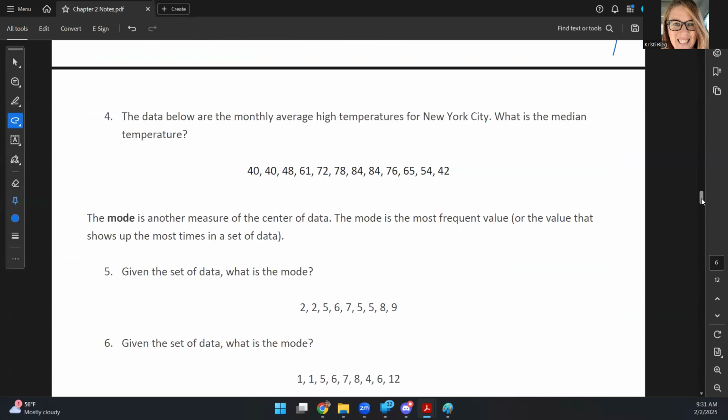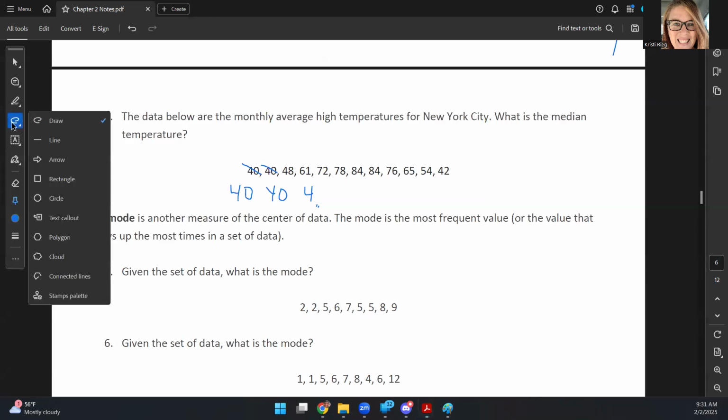So I'm going to write it in number order, and that becomes 40, 40. It appears twice, so I write it twice. 42. I'm not messing with commas because, as you've seen, I've already had a hard enough time writing on this tablet. However, it doesn't matter if you have commas or not, because we're just making a list.